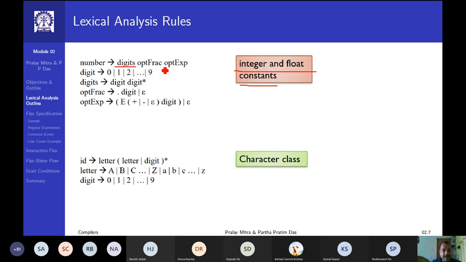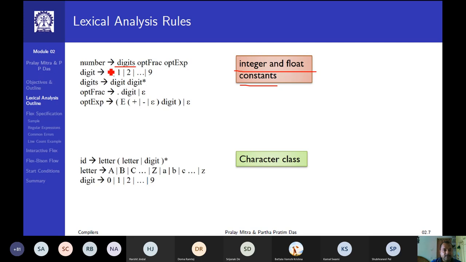This OPT frac is also a non-terminal, but the name OPT mostly indicates it is optional, but you know that here the presence or absence of OPT doesn't make any separate meaning. It depends upon what will be the production rule corresponding to this OPT frac and OPT exponent.